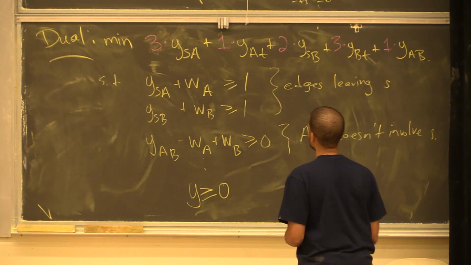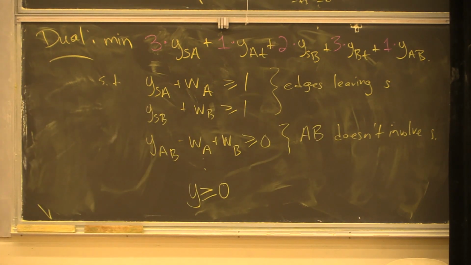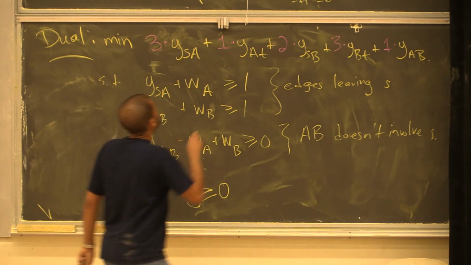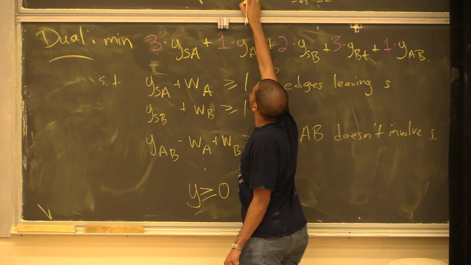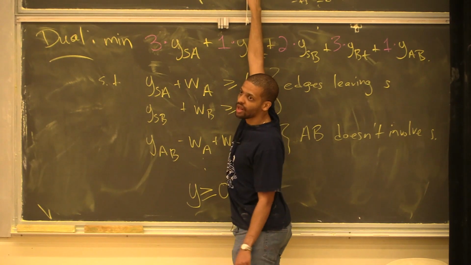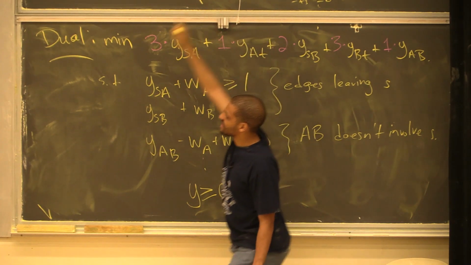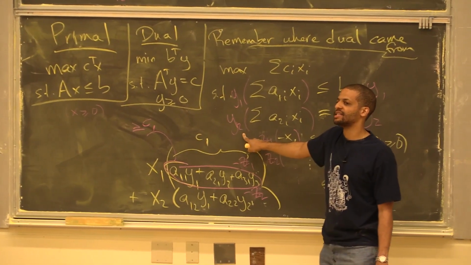What's going on here? As I said before, normally in the dual you have these equality constraints. But because these constraints are equality instead of inequality, as I said over there, the corresponding dual variables don't have non-negativity constraints.